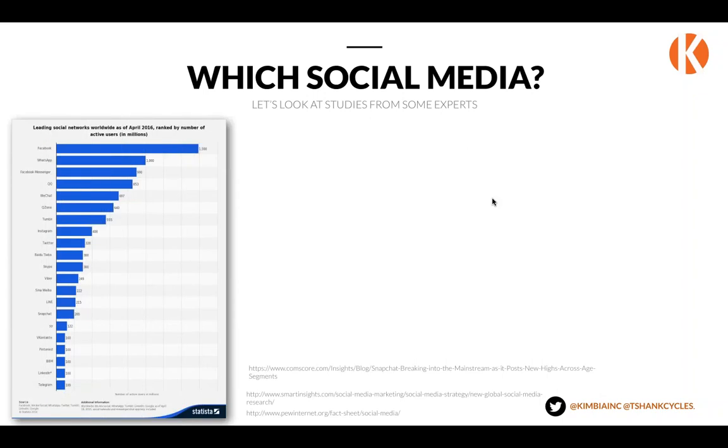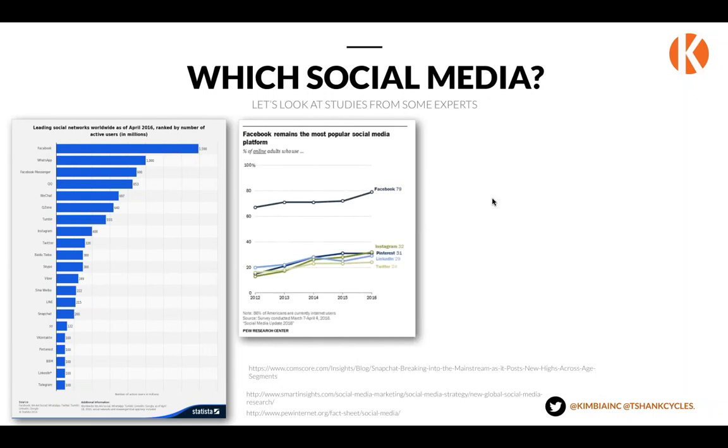I also looked at some studies just trying to validate my thoughts about where people use it. And this was a little bit interesting to me. Facebook was no surprise, still the most widely used social media tool out there. What I thought was interesting, in the graph there on the left, was that Snapchat was a little bit lower than I thought it would be, but Instagram was moving up there.